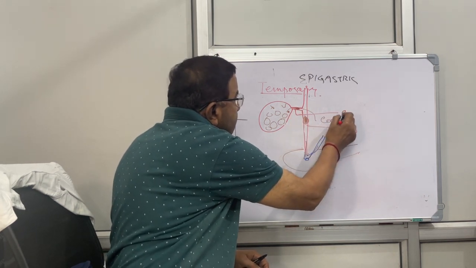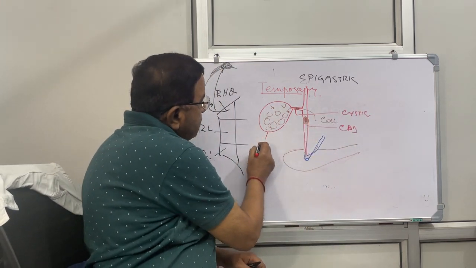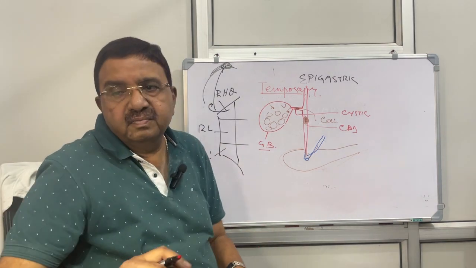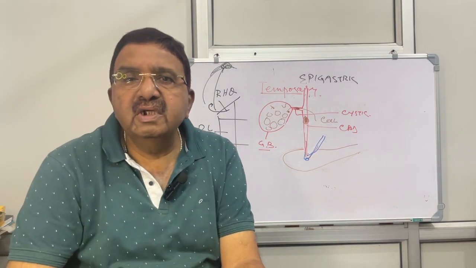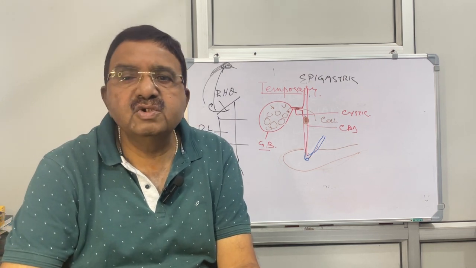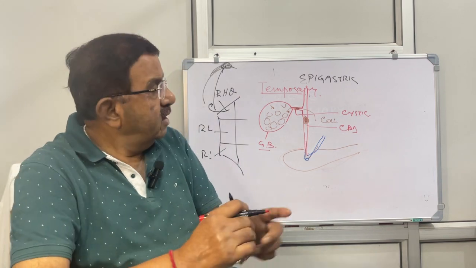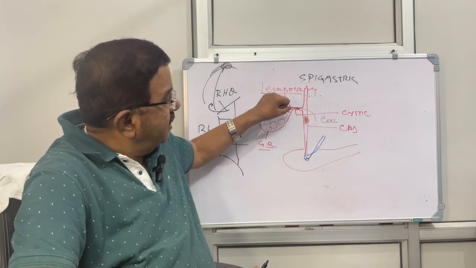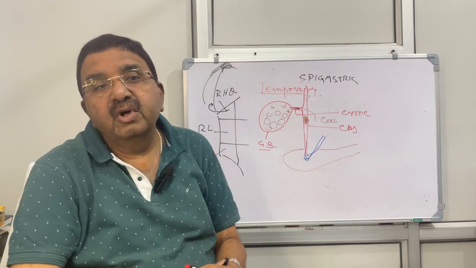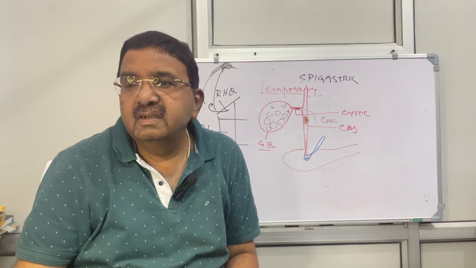This is the cystic duct, and this is the gallbladder. Now second point: strong muscular contractions to push the stone lead to colicky pain. The muscular contractions to push it produce spasmodic pain. So this is the pathophysiology.